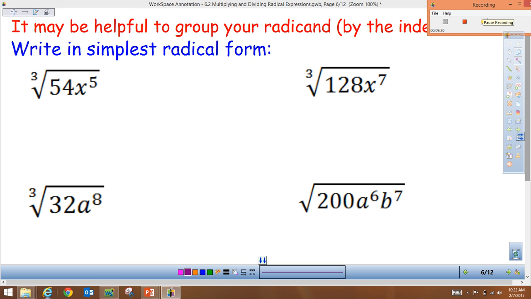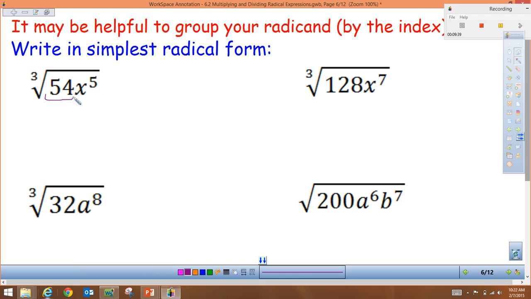Okay, so let's work on a few examples using our simplifying methods now. Our little prompt here says it might be helpful to group by our radicand or by the index. So what this means is we're going to take each piece that's underneath and separate it first so that we can work on them separately.